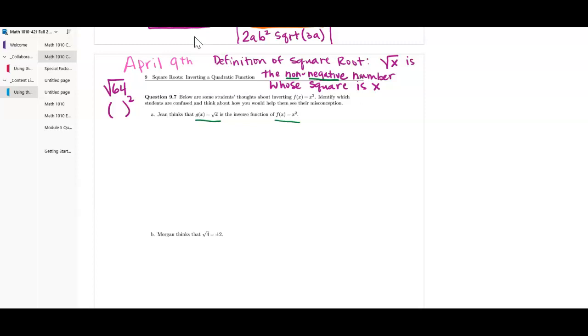Come on, guys, it's in your notes, just a few pages back. I would say it's correct because a root is the opposite of a square. Okay, the square root undoes the square.